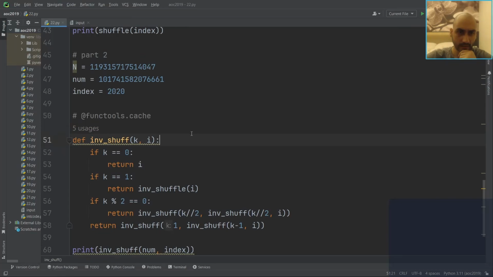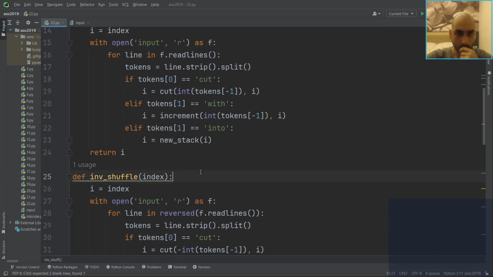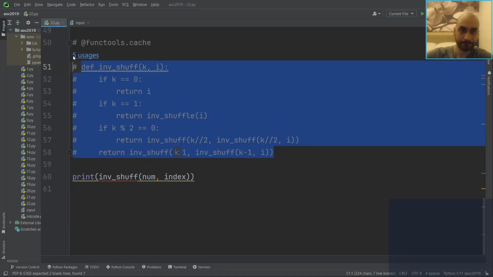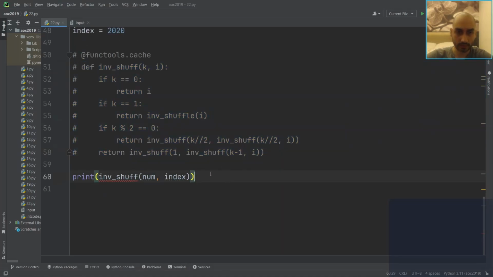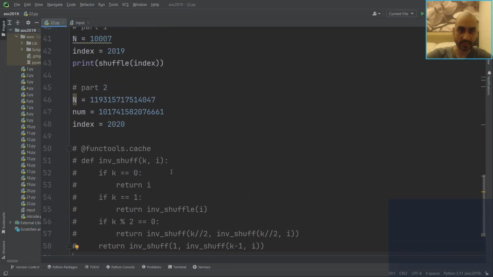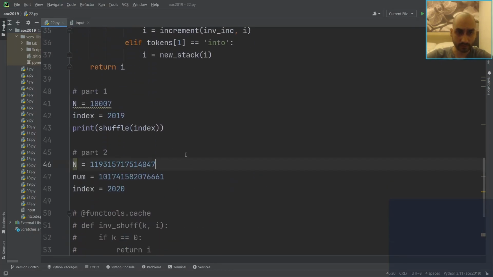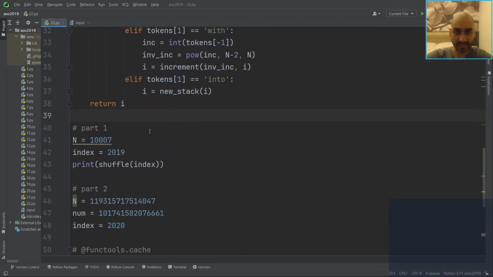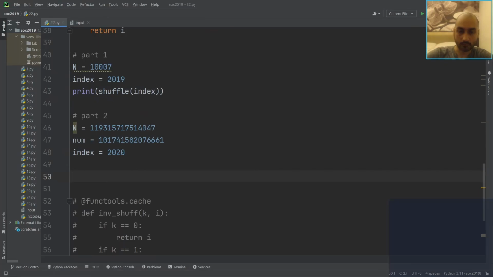What was K and I? Alright, this is inverse shuffle once. Okay, you know what? We don't need this thing. We can take that out. That was an attempt to do a multi shuffle, doing a shuffle n times. Alright, so we know how to do one inverse shuffle. We want to find the A and B. So let's just write a comment here. F of x equals ax plus b.